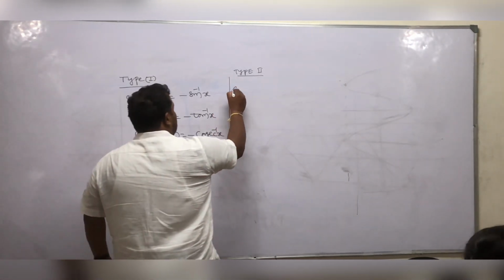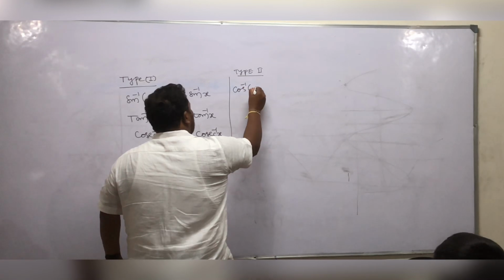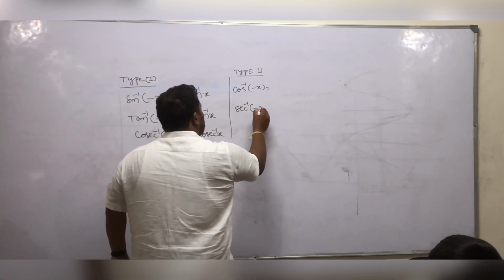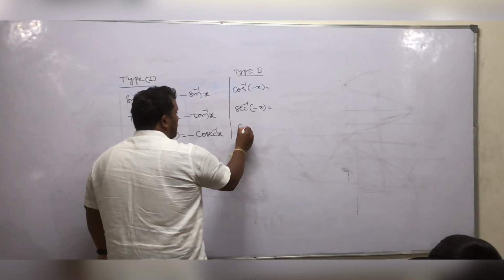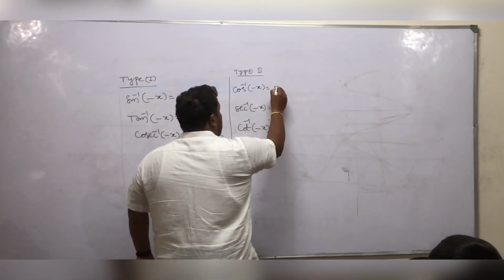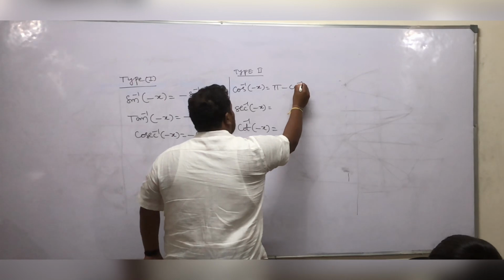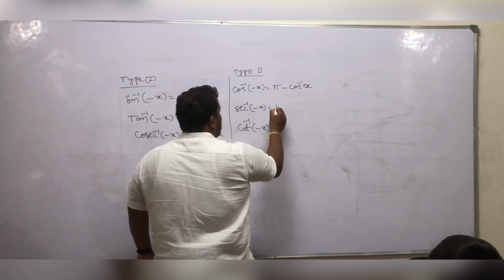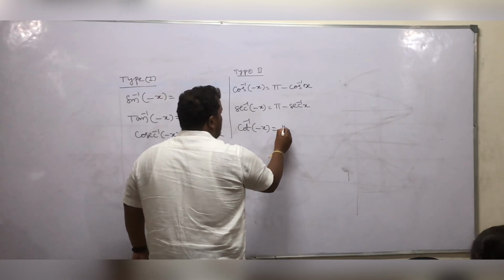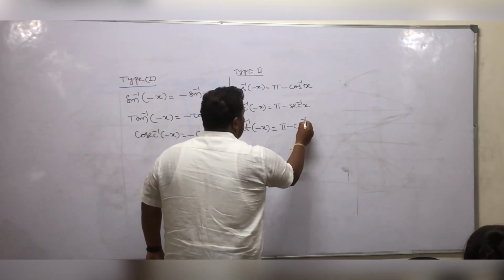Next to cos inverse of minus x, next to secant inverse of minus x, cot inverse of minus x: pi minus cos inverse of x, pi minus secant inverse of x, pi minus cot inverse of x.